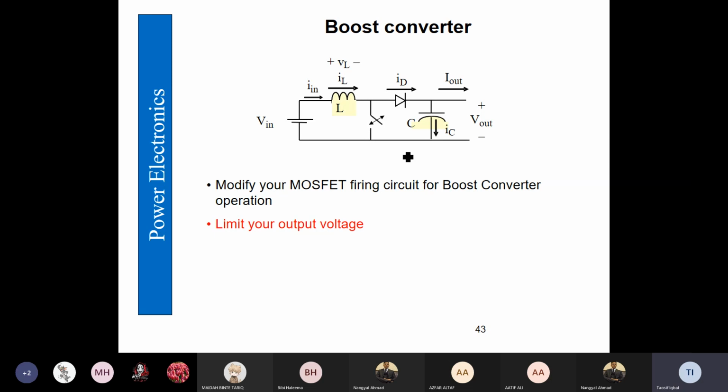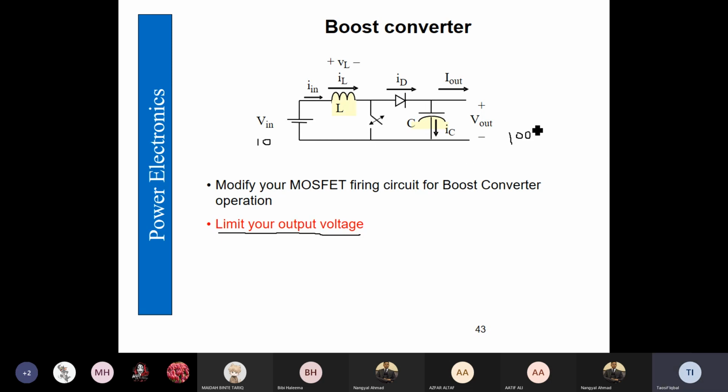So therefore we have to look at a few things more. First of all, we should not get the step up ratio too high. So we have to limit our output voltage. For example, the input voltage is 10 and we want the output voltage to be 100. So the ratio between output and input becomes 10 times. So that cannot be done using the boost converter.